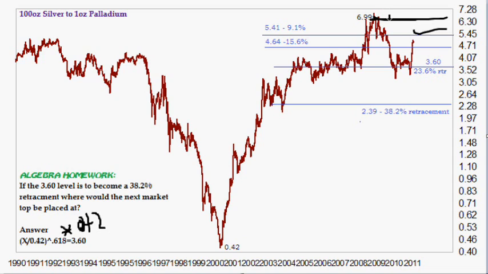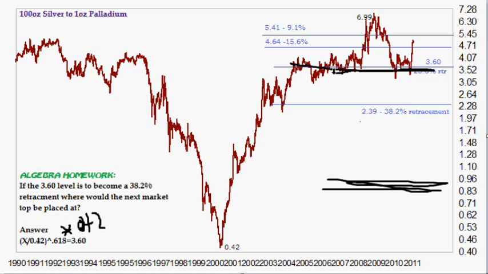But if it breaks through to that next level again, then what I would be expecting is the 61.8% retracement down, which is 38% retracement up. So this level is approximately right here. When this level moves to here, then this is going to move somewhere in here.